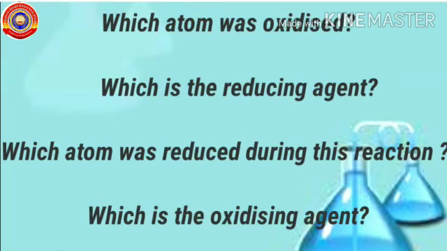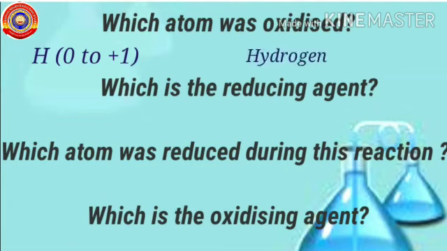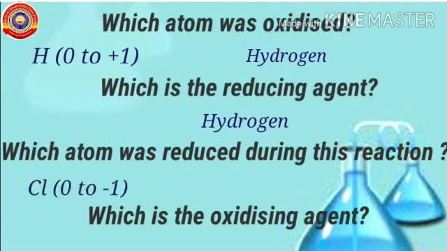In this reaction, the oxidation number of hydrogen increases from 0 to +1, resulting in oxidation. Hence, the oxidized atom is hydrogen and it acts as a reducing agent. The oxidation number of chlorine decreases from 0 to -1, so it undergoes reduction and acts as an oxidizing agent.